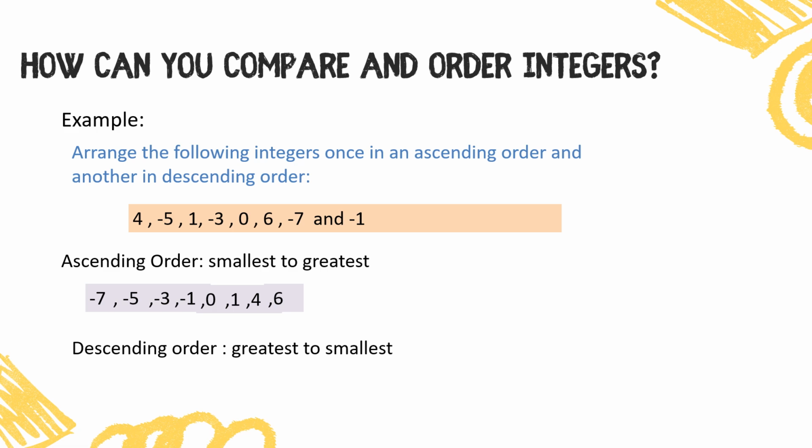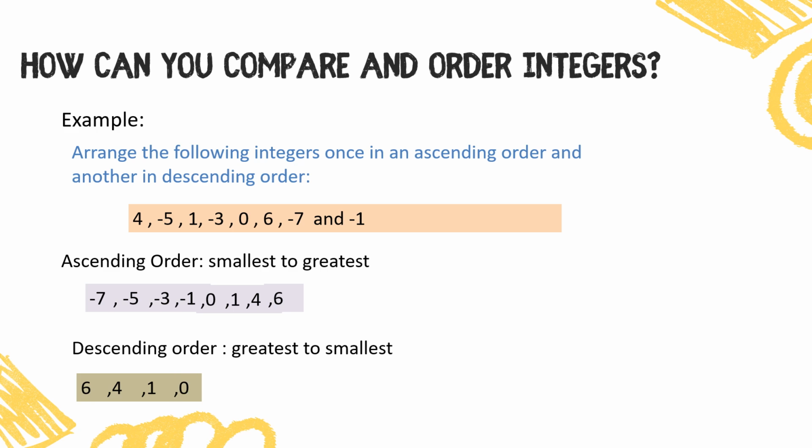Now we will do the reverse, the descending order. Descending order is greatest to smallest. What will we do? Tell me what is the greatest number we will put first. Excellent. 6. Then what? 4. Excellent. Then what? 1.